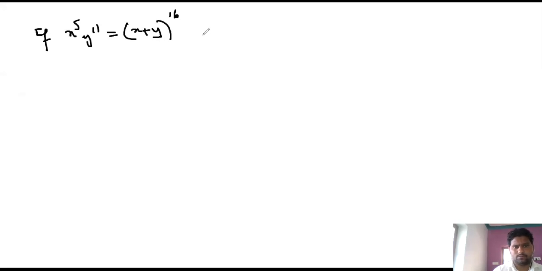Another example: if x to the power 5 into y to the power 11 is equal to x plus y raised to 16, then what is dy by dx?